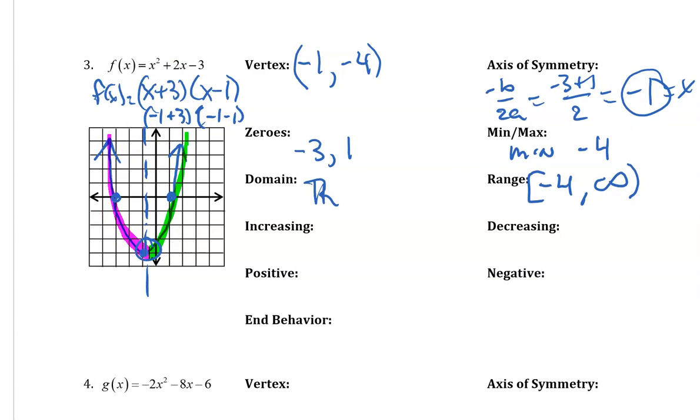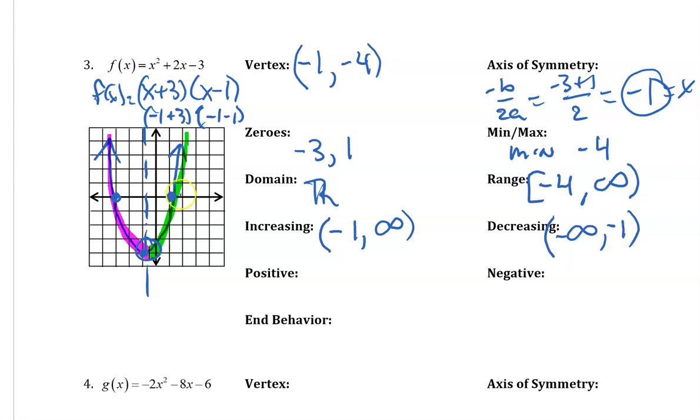So, increasing from negative 1 to infinity. Decreasing from negative infinity to negative 1. At negative 1, it is neither increasing nor decreasing, it's switching.